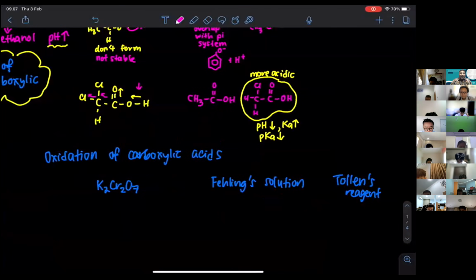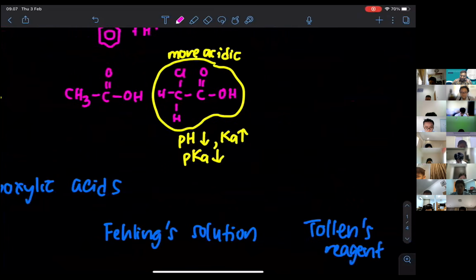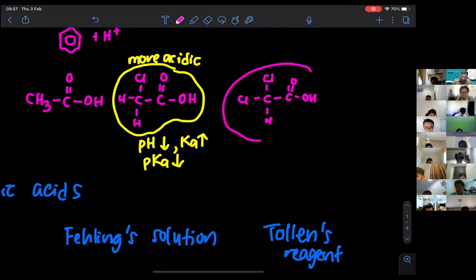Continuing again, I was talking about the carboxylic acid becoming more acidic when you attach the Cl. The same thing, if you have two Cl, what will happen? The withdrawing of the electron is going to be much greater, so it will make the carboxylic acid more acidic than the previous one.